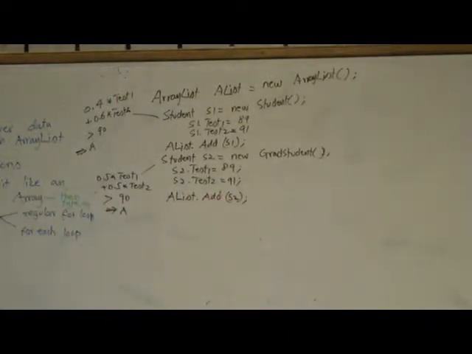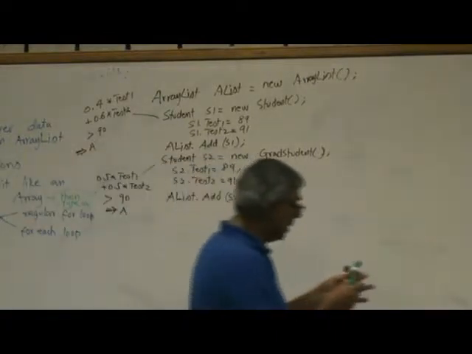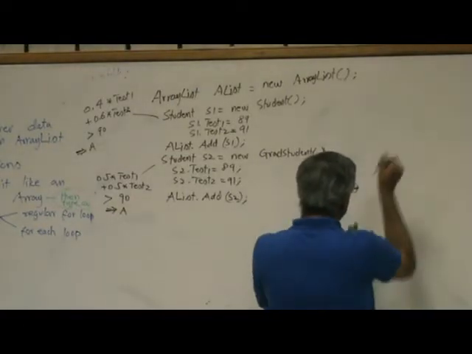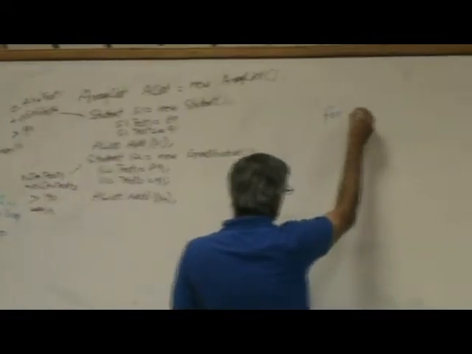Okay, so suppose our goal was to loop through the array list. So now let me come to the loop and call compute grade or print the grade of every student who's stored in the array list. Okay, so we can write a regular for loop. Our regular for loop will look something like this.